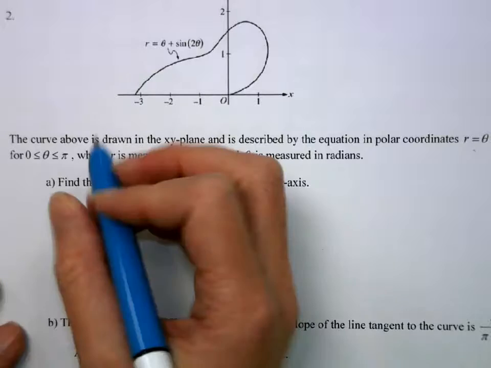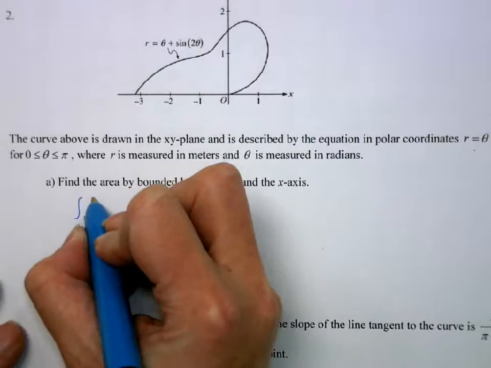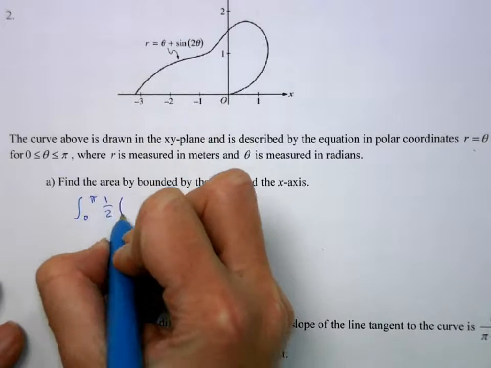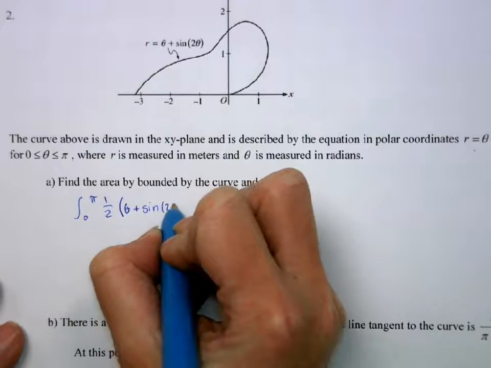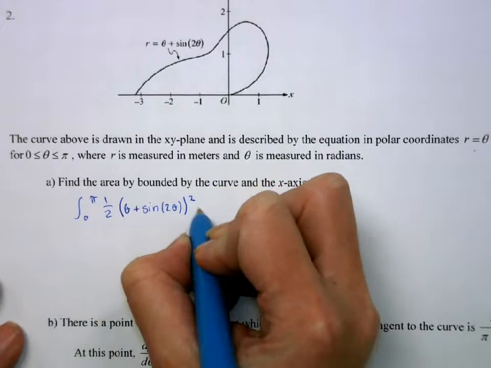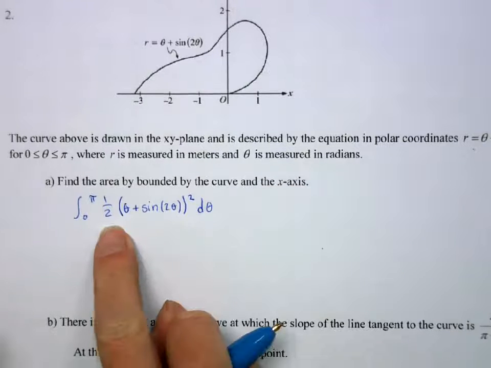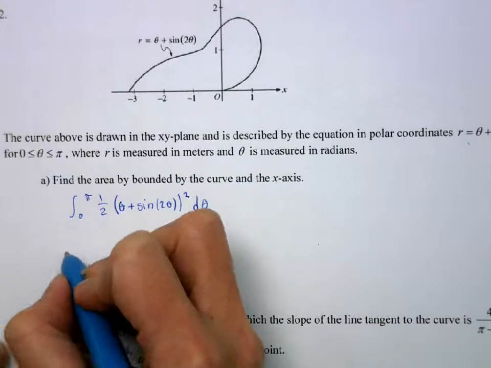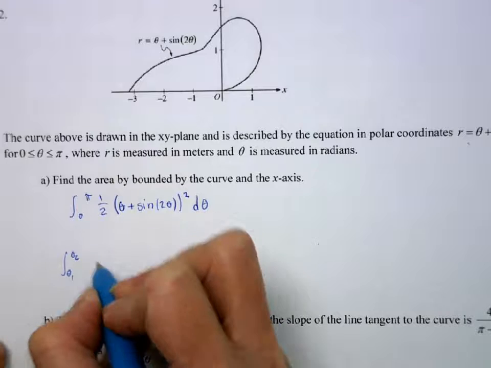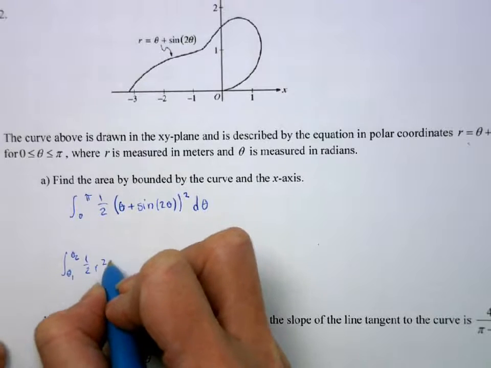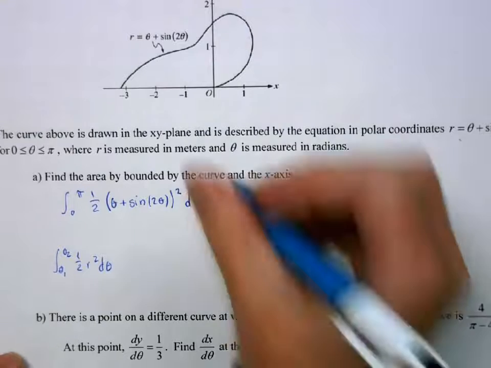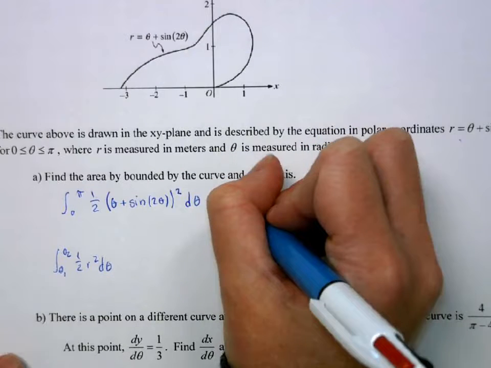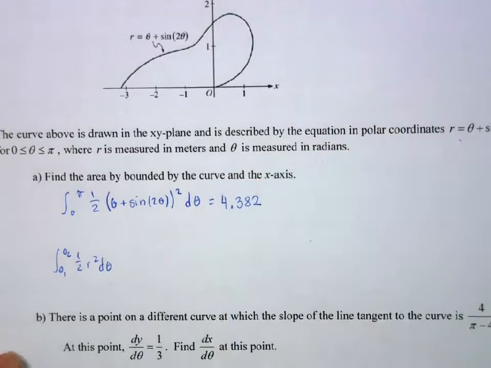So we're going to have the integral from 0 to pi of 1/2 r squared, so theta plus sine 2 theta, squared, d theta. So you just have to remember that formula. The formula for area is theta 1 to theta 2 of 1/2 r squared. Okay, you just dump this in your calculator and you get 4.382.